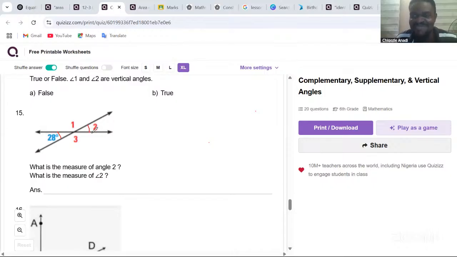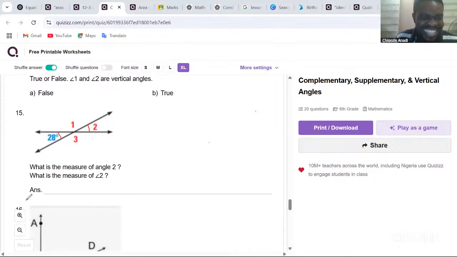Be confident, please. Because they are vertical angles, they are equal. Why did they put 2 there? They put 2 there not to confuse you, just for you to identify the angle.